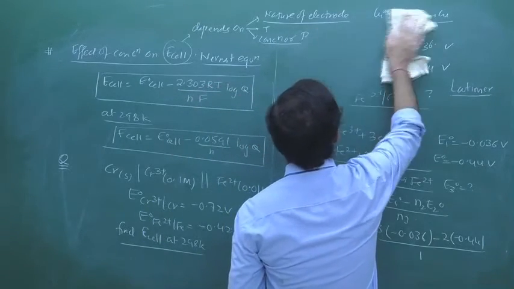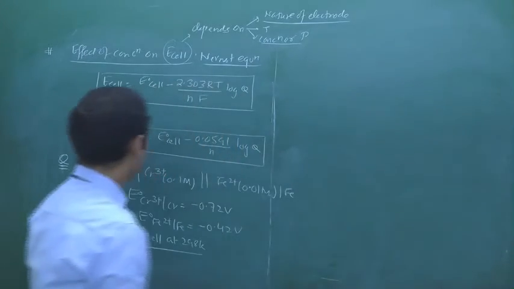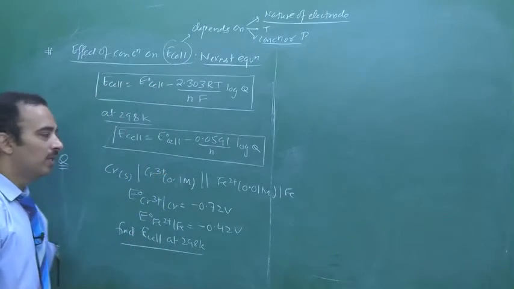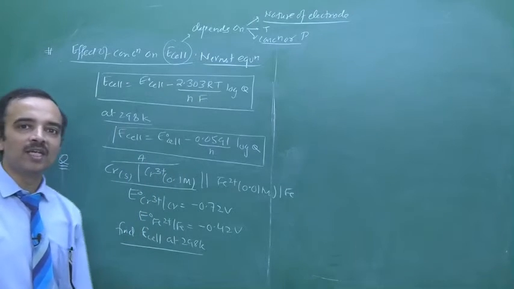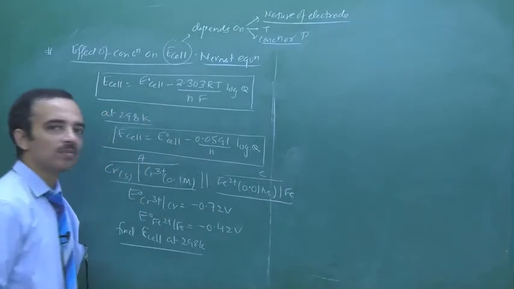So let us see this question. Beta, first of all, let us try to interpret the cell diagram. Anode is written on the left and cathode is written on the right. This is cathode.